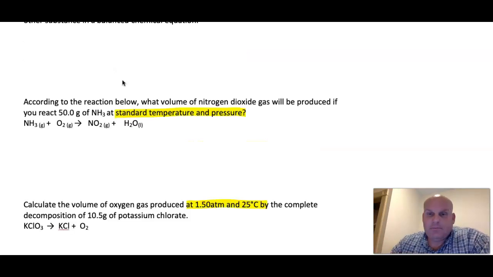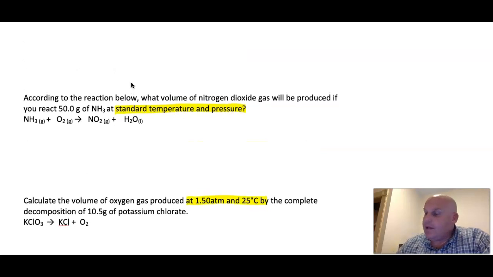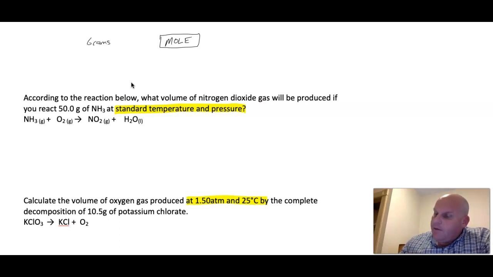Let me review for a second our mole map, which I introduced earlier in the year when we were doing conversions through the mole. At that point in time, we really focused on these conversions, the relationship between grams and moles and particles and moles.